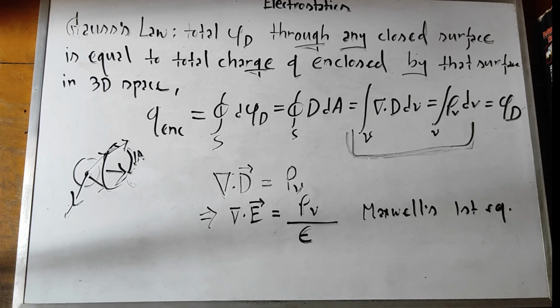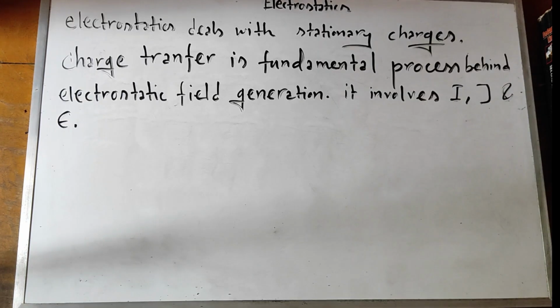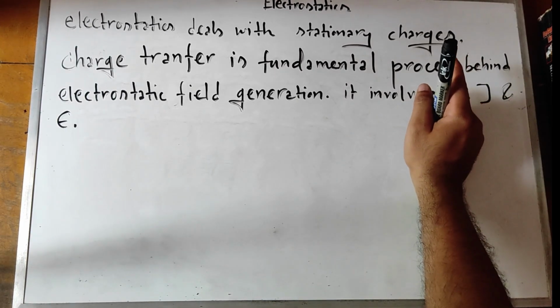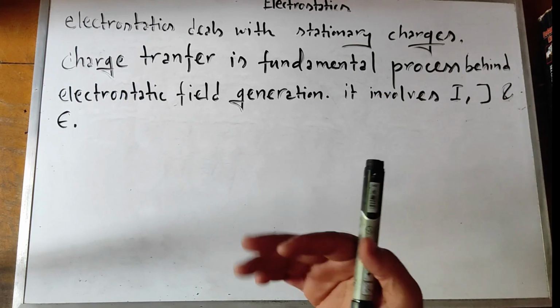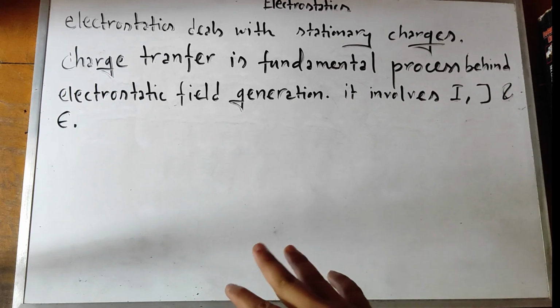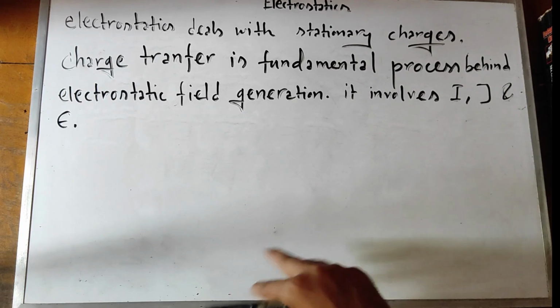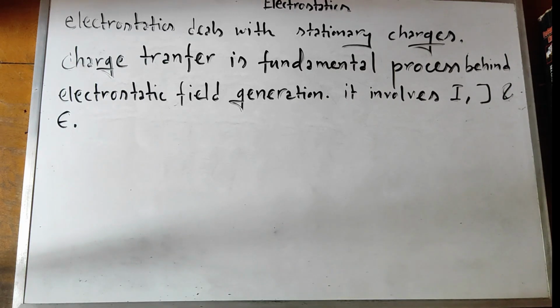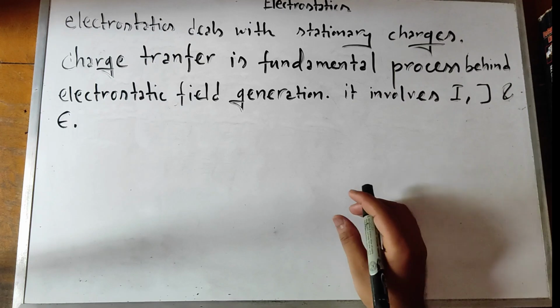My last thing will be talking about the other sources of electric field or electric flux. Electrostatics deals with stationary charges, the charge carriers or charge accumulation that is stationary in 3D space, not moving, relatively or literally.